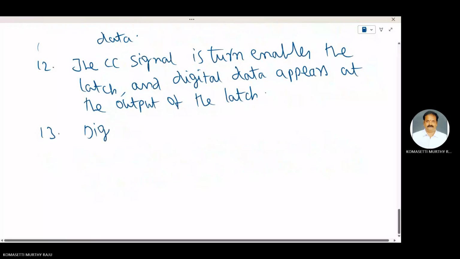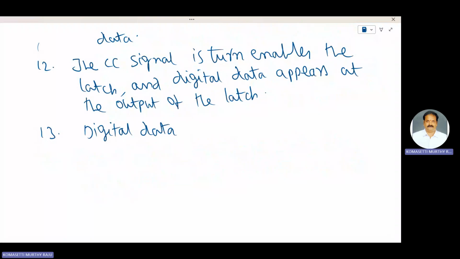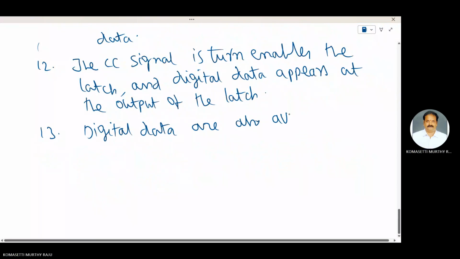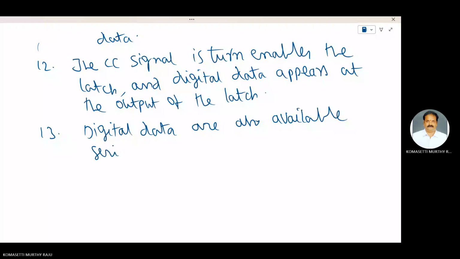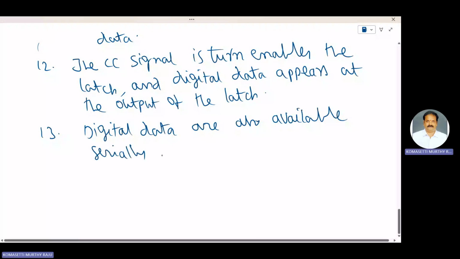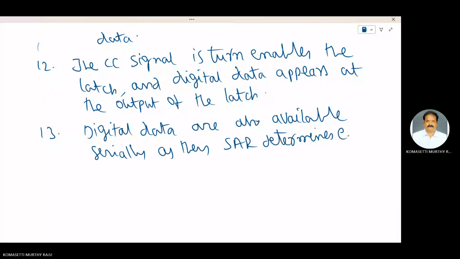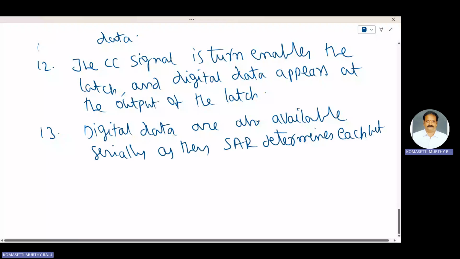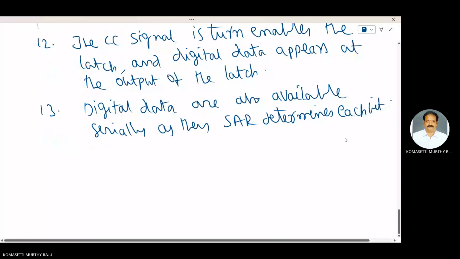Digital data also available serially, as the SAR determines each bit.